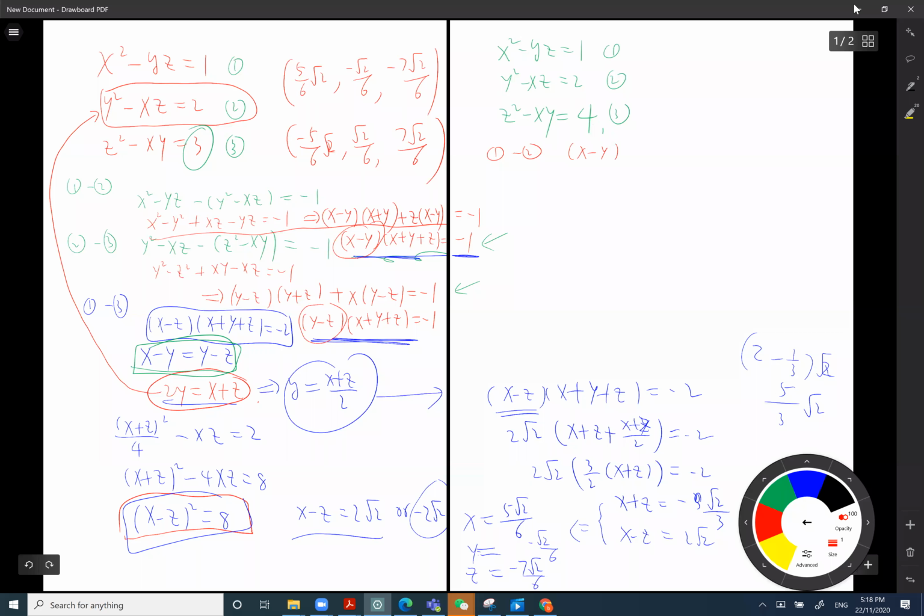X minus y, x plus y plus z, just -1. But equation 2 minus equation 3, the left-hand side is still the same here. So y minus z, x plus y plus z. But now it's -2. So we have y minus z equals 2x minus y. So we got 3y equals 2x plus z.